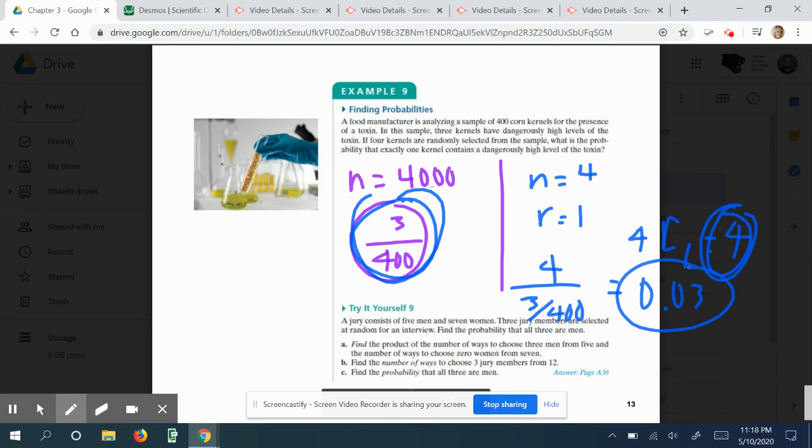So about 3%, right? So if 4 kernels are selected, what's the probability that exactly one of them contains the high level? It's 3%. Okay? All right, let me know if you have any questions, and good luck.